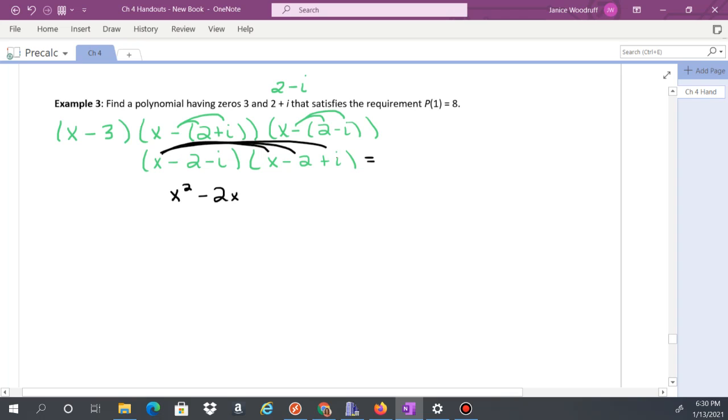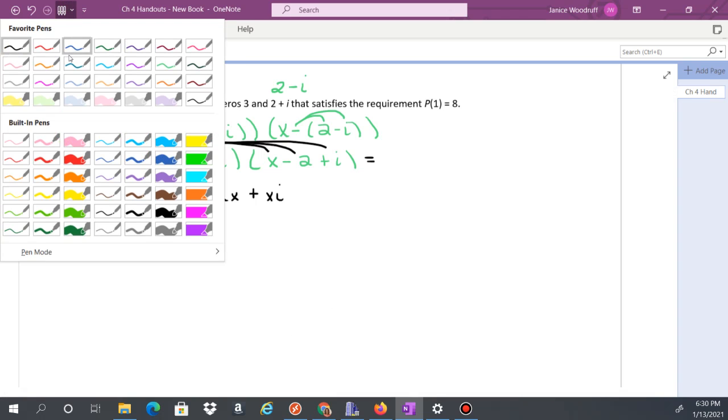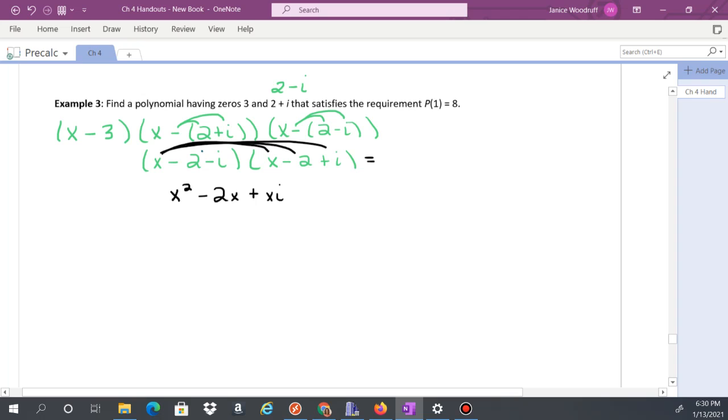Then x times i will be a positive xi. All right, then my next row, I've got negative 2 times x, that's a negative 2x. Then negative 2 times negative 2 gives me a positive 4. Negative 2 times positive i will be a negative 2i.